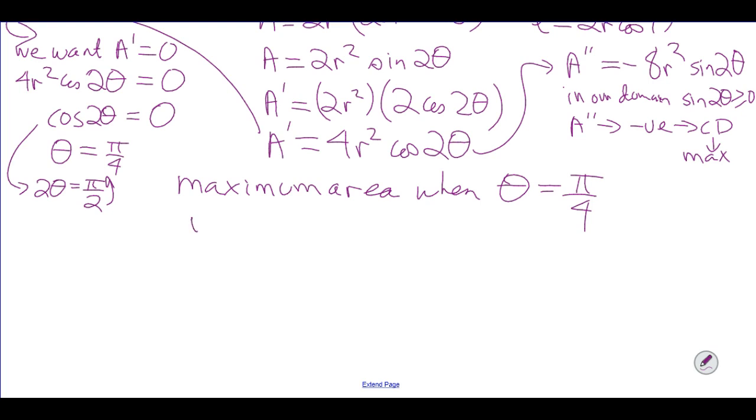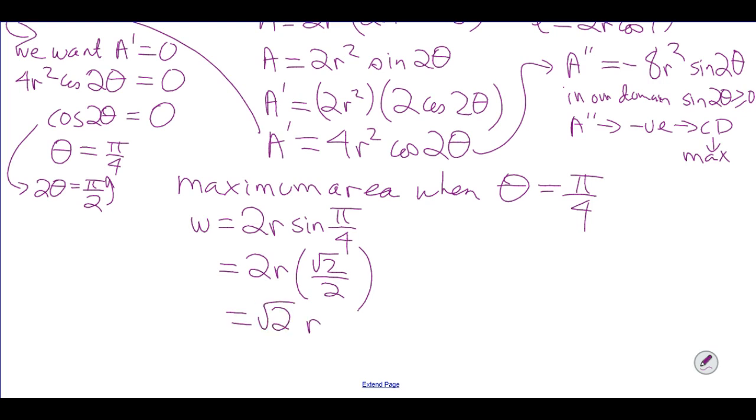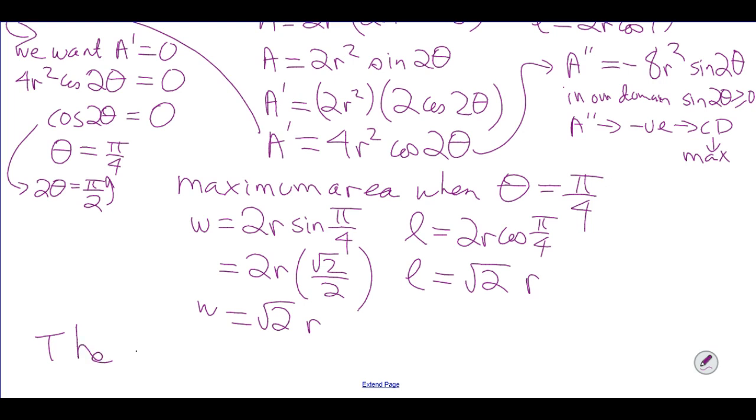So W is equal to 2r sine pi over 4, which is 2r root 2 over 2, which is root 2 r. And L is equal to 2r cos pi over 4, which is also root 2 r. Same conclusion we drew the other way.